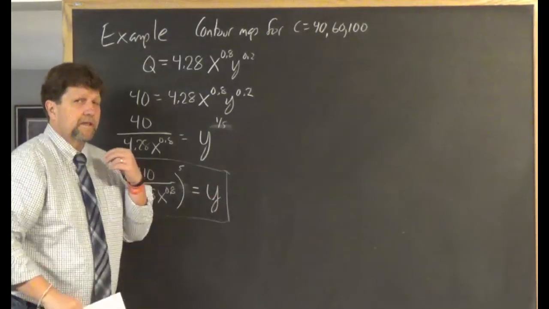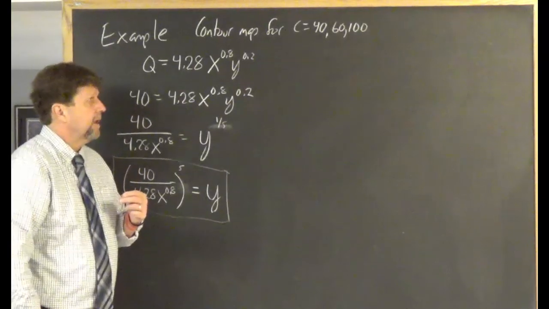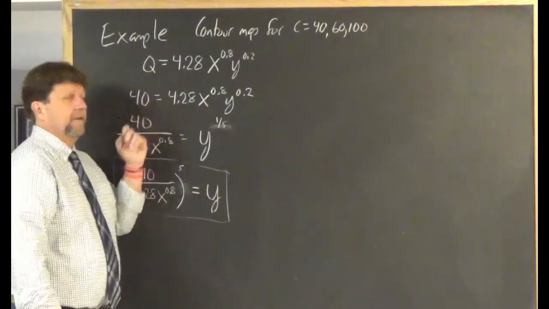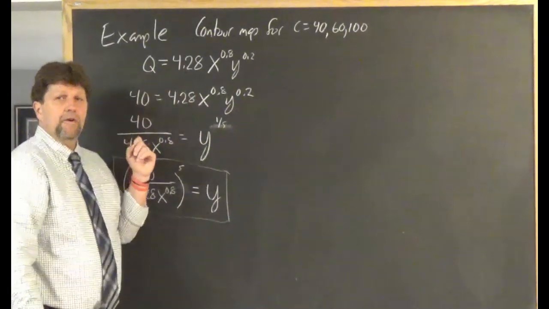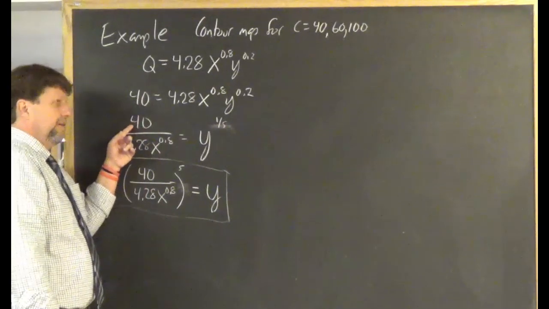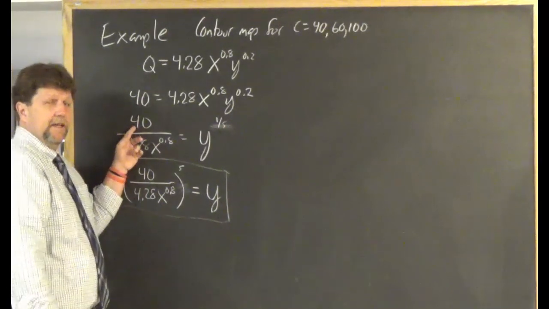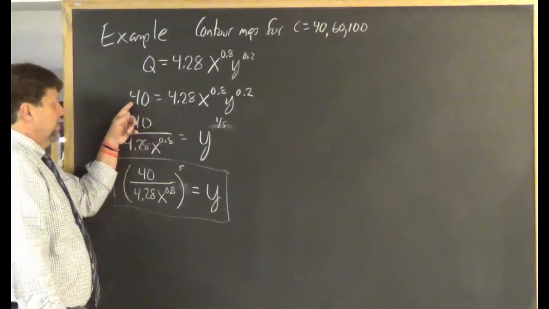Now, folks, let's be smart here and save ourselves some time. That's when we put 40 in for Q. Then we'd have to put 60 in for Q. Our process of solving for y wouldn't change, so each 40 would be a 60.